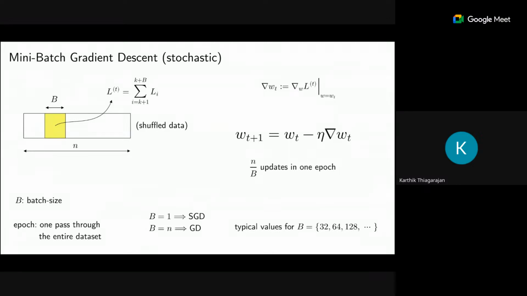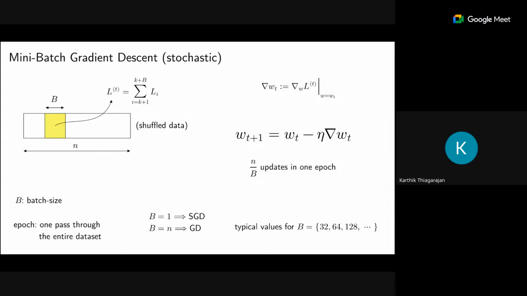So you will do n updates in one epoch instead of n by b. When b is equal to 1, you will do n updates. That is the extreme version. It's also called an online algorithm because your data points are coming at you one at a time. So that is stochastic gradient descent.